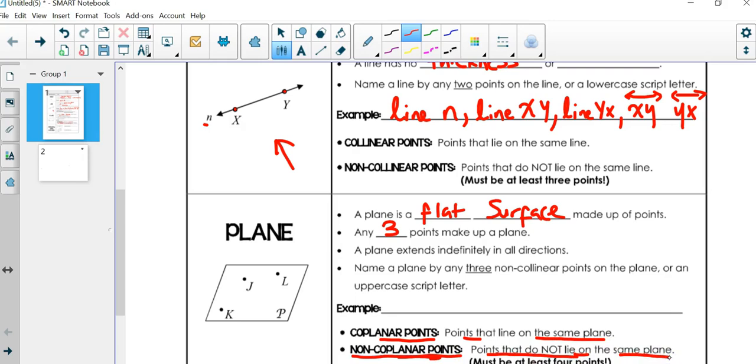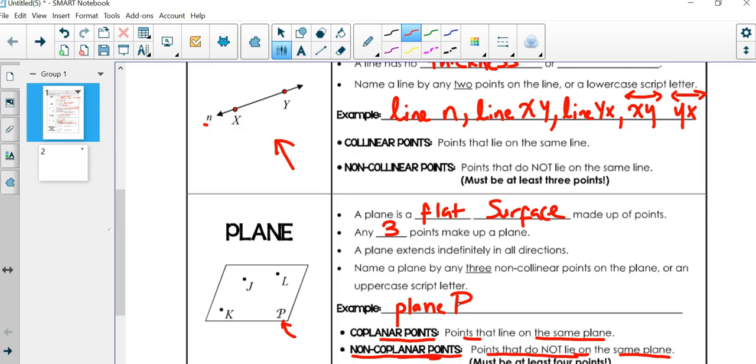So for example, this plane right here has a name already. If you see over here, we have plane P. So we're just going to write plane P. Remember, the plane is just a flat surface, like a sheet of paper that goes forever in all directions. Usually a plane name will be italicized and capitalized. And we know points are always capital letters, represented by dots.